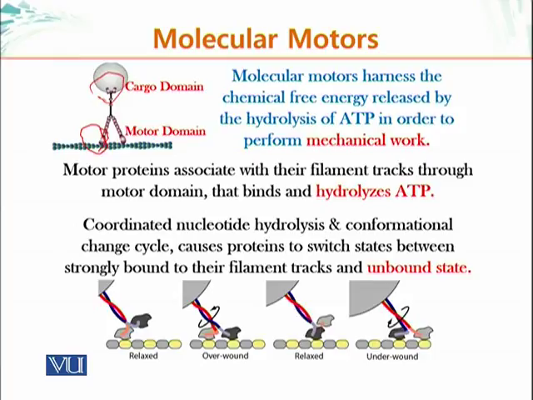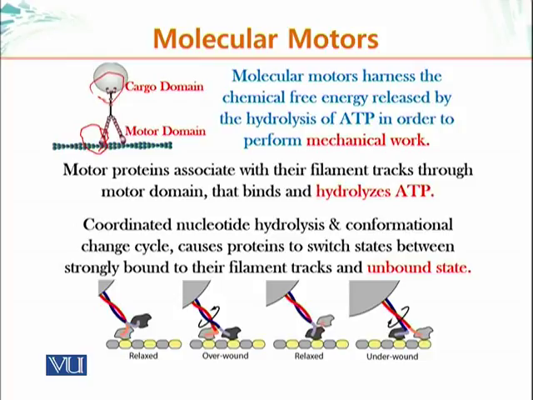Here we have a light gray and also a black head. This motor protein has two motor domains. In initial form, the motor protein is in relaxed configuration. The light gray head is attached, and it is behind the black head.